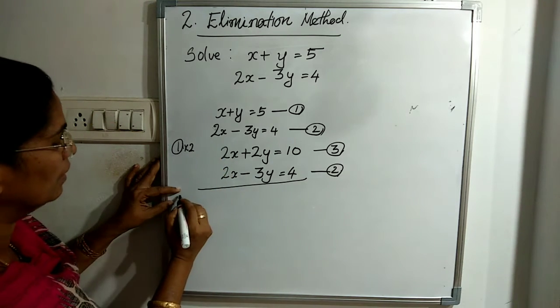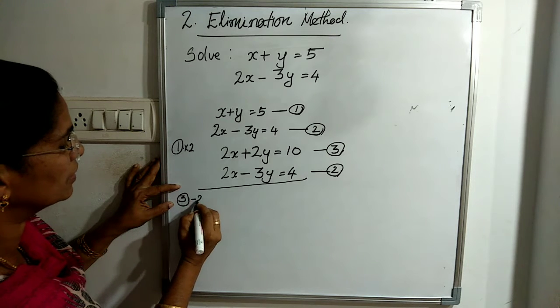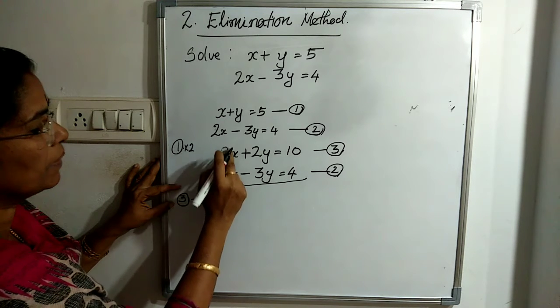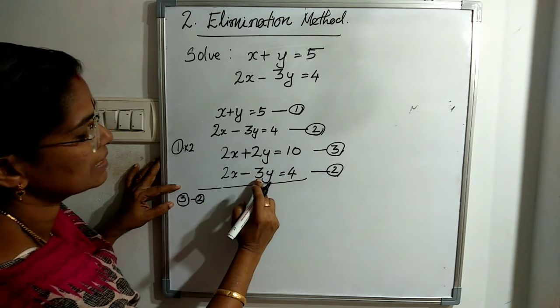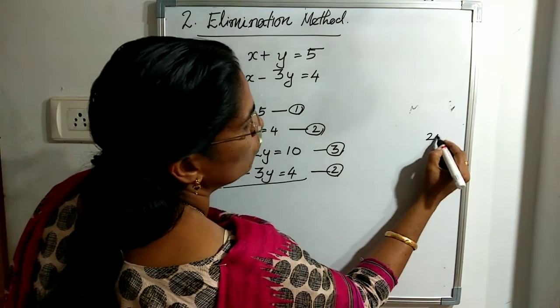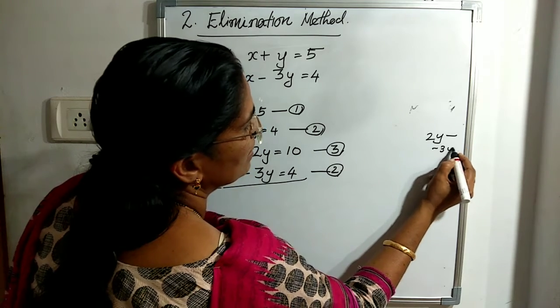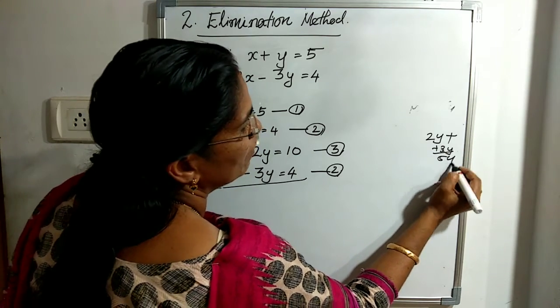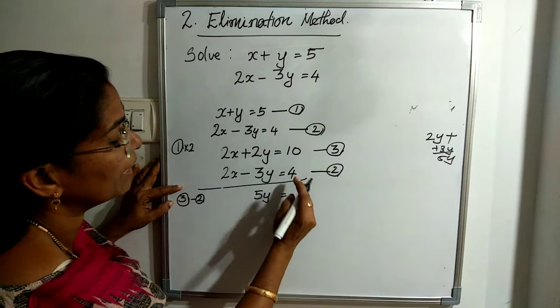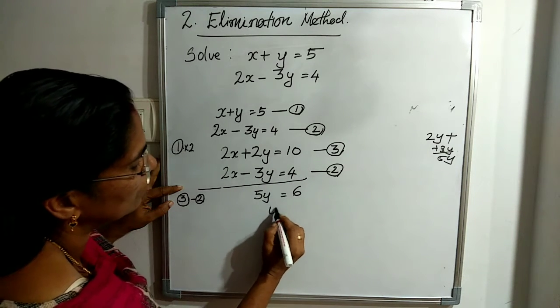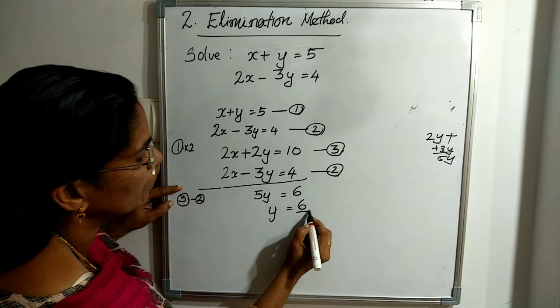It means equation 3 minus equation 2: 2x minus 2x is 0. Now we write 2y minus 3y, which is minus y, and 10 minus 4 is 6. So y is equal to 6 by 5.